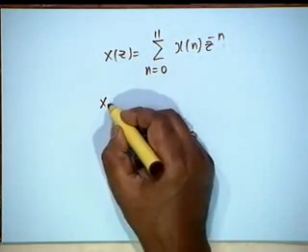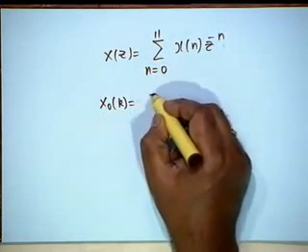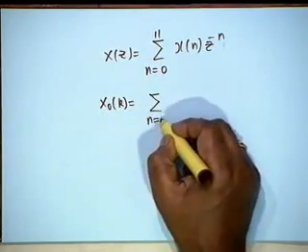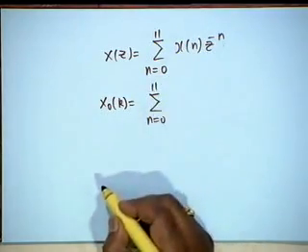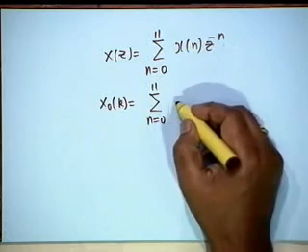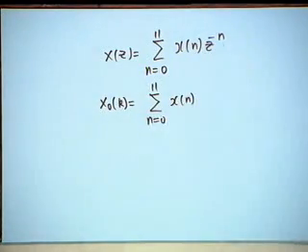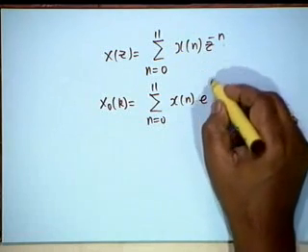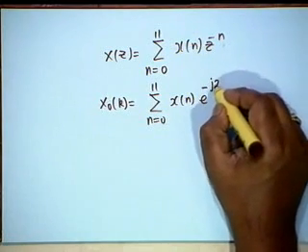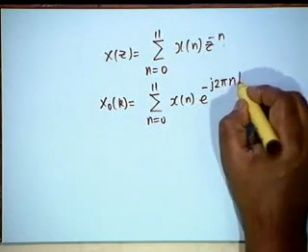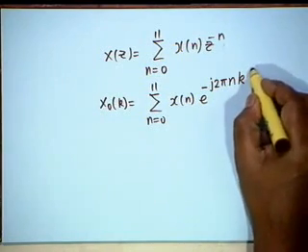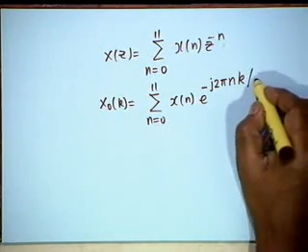So X0(k) is equal to the sum n equal to 0 to 11. These limits remain the same because x(n) remains the same. Only z changes. z to the minus n becomes e to the minus j 2 pi n k divided by 9.